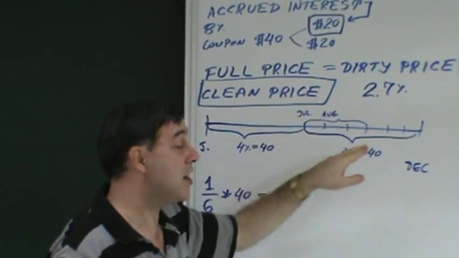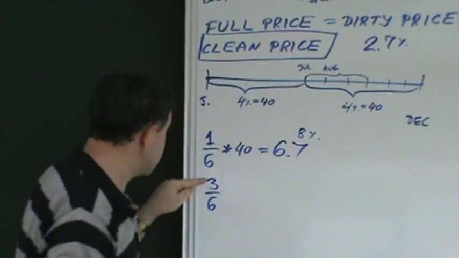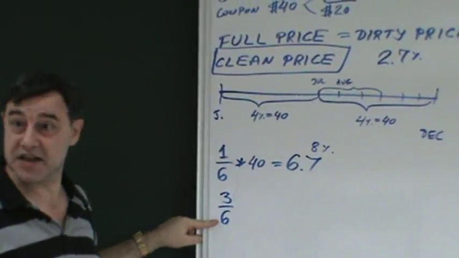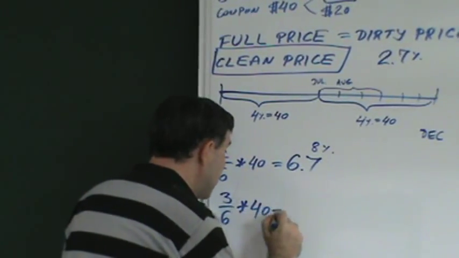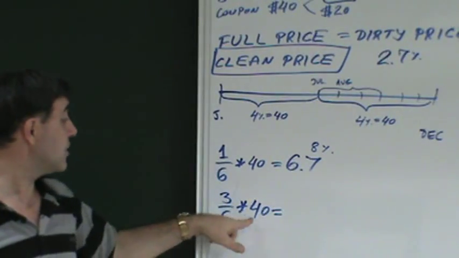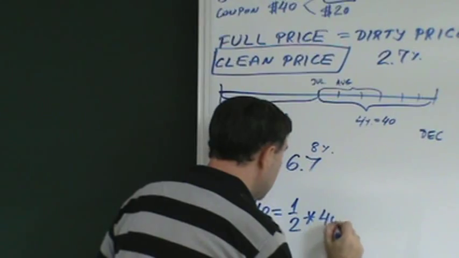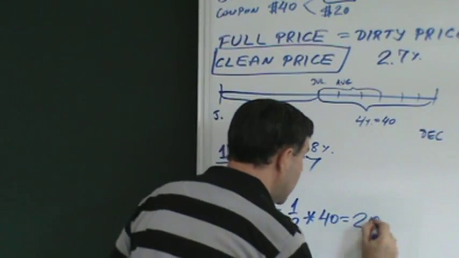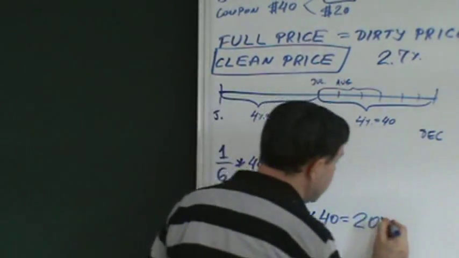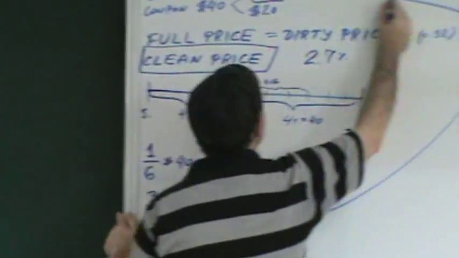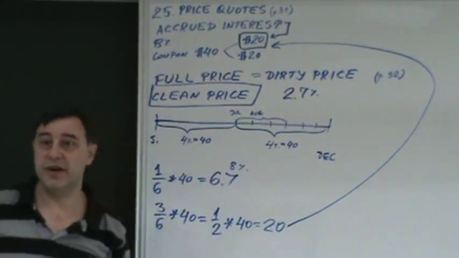So 3 out of 6, this is 3 months out of 6 for the semi-annual coupon. Multiply by 40 is equal to 1/2 out of 40, and that's 20. And this 20 is this 20 over here, okay?